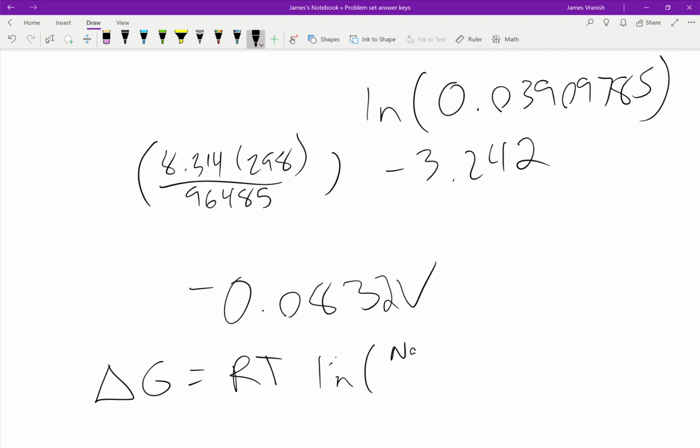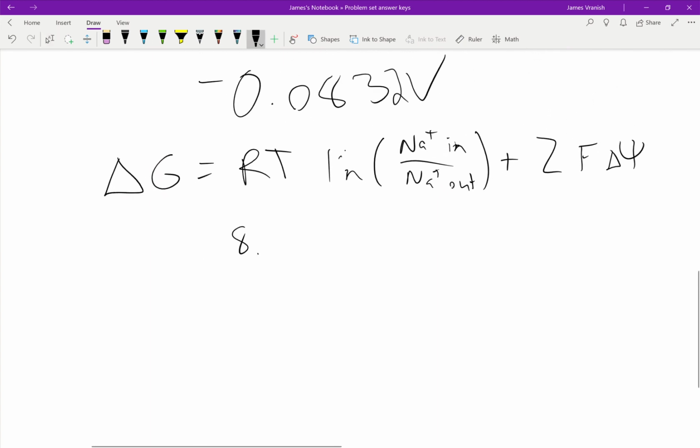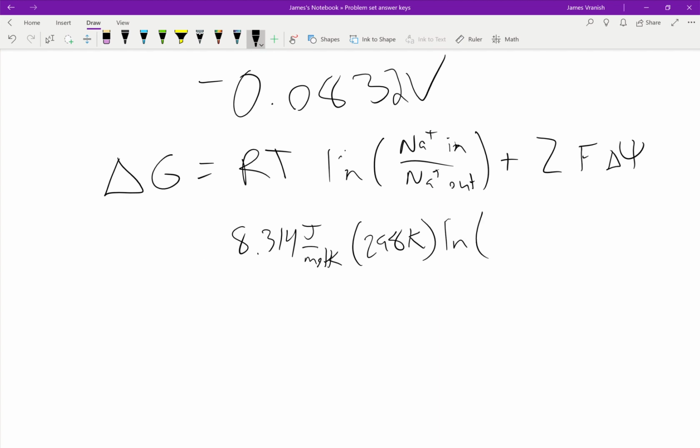So Na plus inside versus Na plus outside, plus Z times Faraday's times our delta psi. All right, so let's start plugging in stuff in here. And so we have 8.314 joules per mole Kelvin, times 298 Kelvin times the natural log of our sodium concentrations.